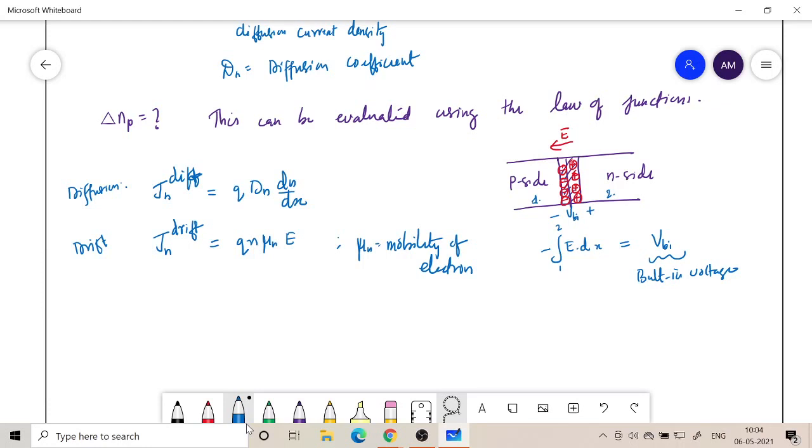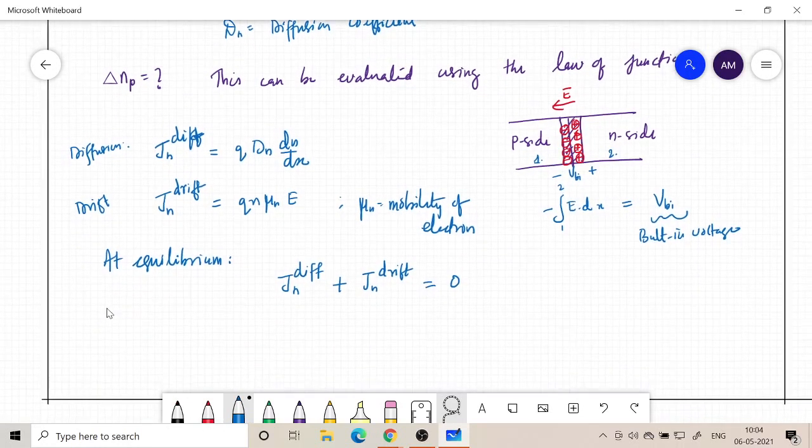Okay, so these are the two currents, and basically at equilibrium, we can say that Jn diffusion plus Jn drift is going to be equal to 0.